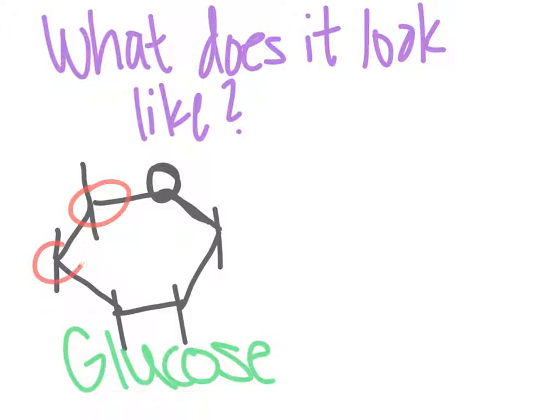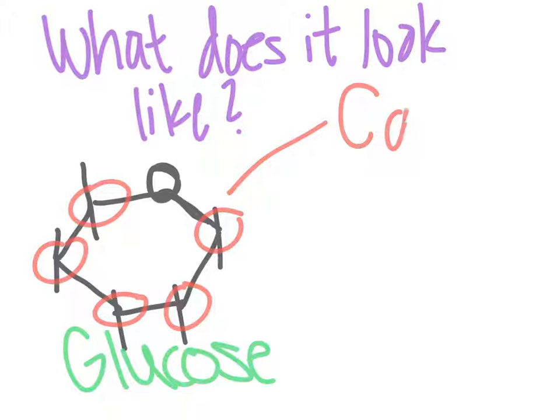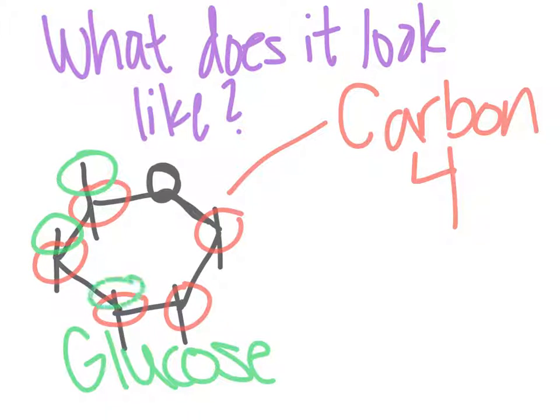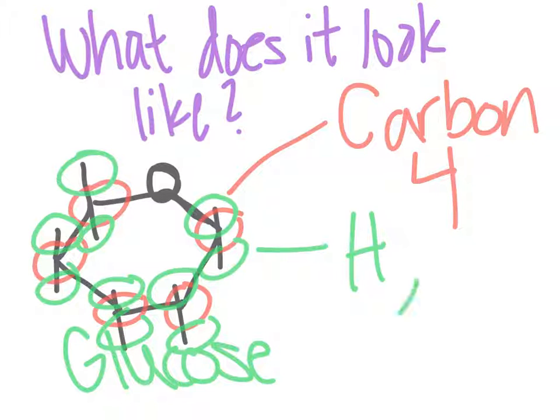When you see these brackets here, that means there is carbon. And usually, when you see carbon, it is connected to 4 other elements. We also have hydrogen, which is connected to 2 other elements. And we also see oxygen, which is usually connected to 1.